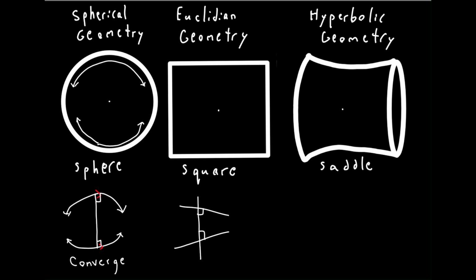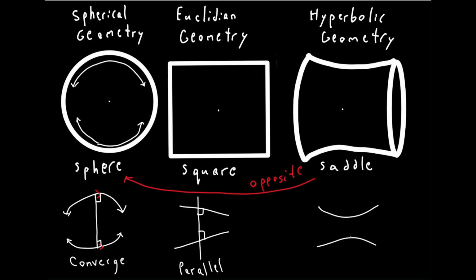However, for hyperbolic geometry, because hyperbolic geometry is basically the opposite of spherical or elliptic geometry, their lines actually diverge when parallel.